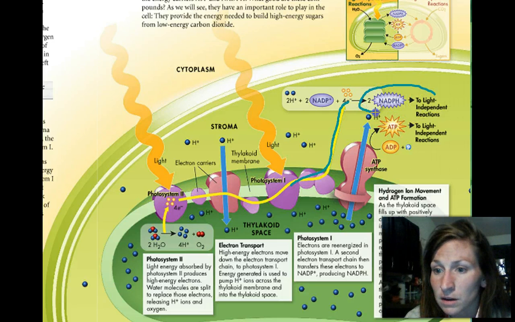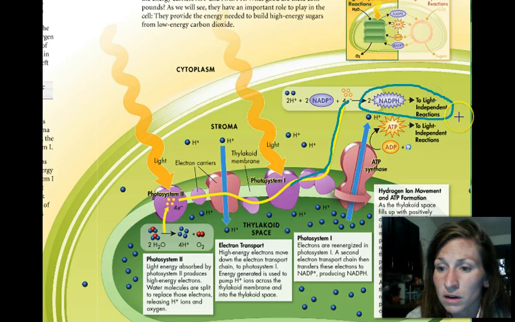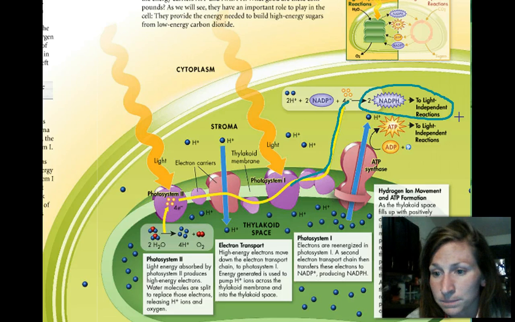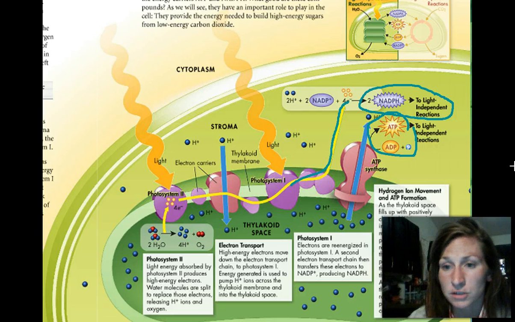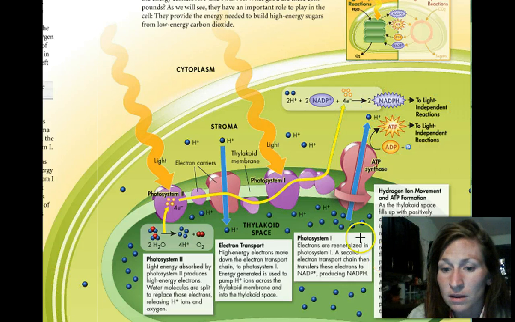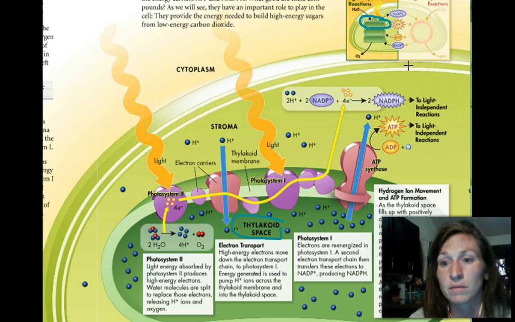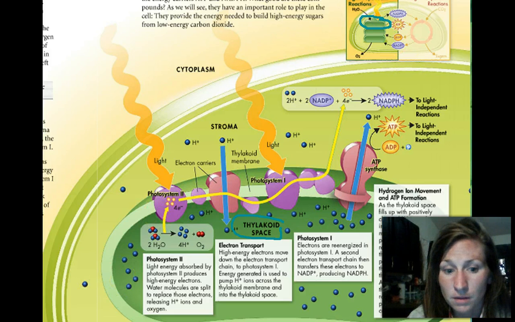Notice that the NADPH is going to move on to aid in the light-independent reaction. ATP is also created at this point with the donation of those hydrogen ions and those electrons to be passed on, again, to power that light-independent reaction. And remember, this is all going on in a single thylakoid. Notice it's labeled here, a thylakoid space, and we're talking about one single thylakoid up here if you look at the big overview diagram of the inside of a chloroplast.